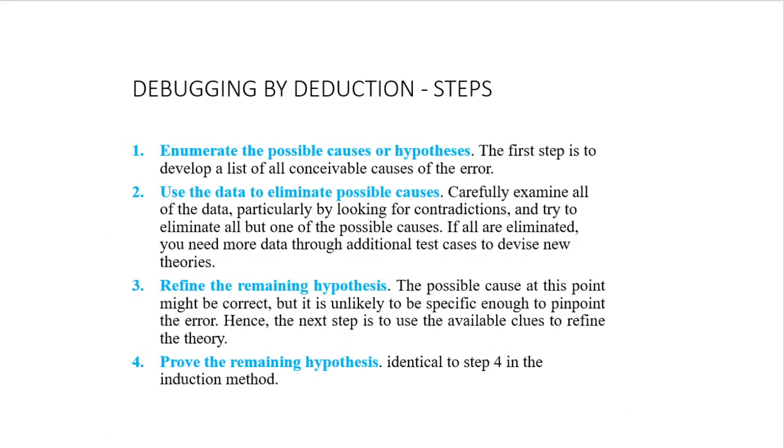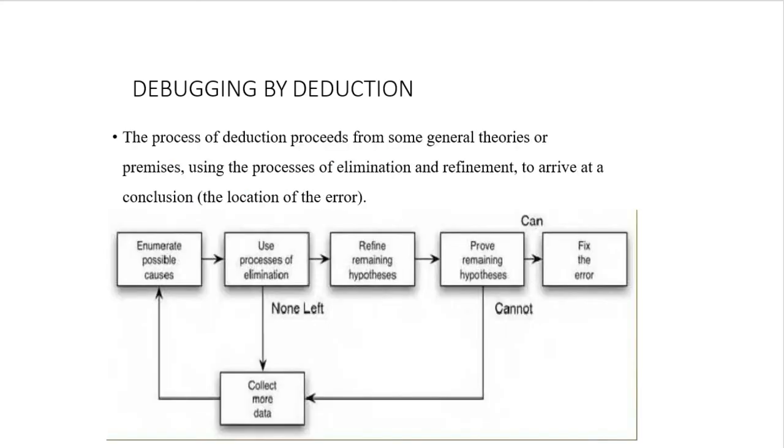Step-wise, the first step is to enumerate the possible causes or hypotheses. Develop a list of possible causes of error, then use the data to eliminate possible causes. For that, carefully examine all of the data, particularly by looking for contradictions. For example, suppose 10 data items are available, then select one, and the remaining 9 are kept in a collect-more-data pool.